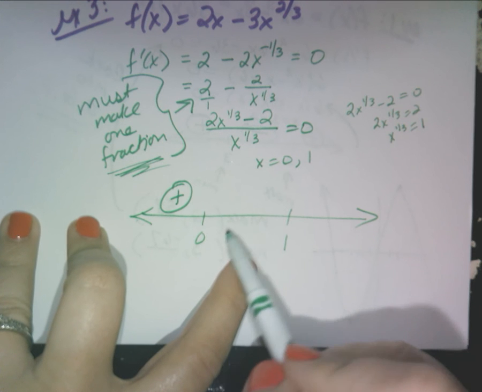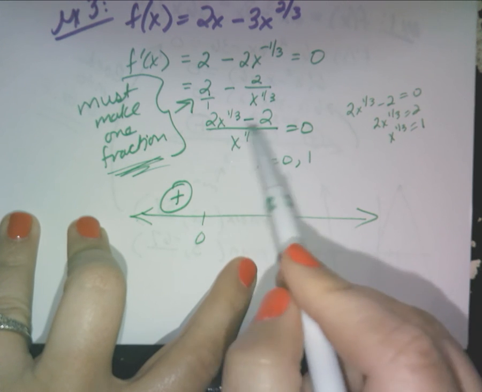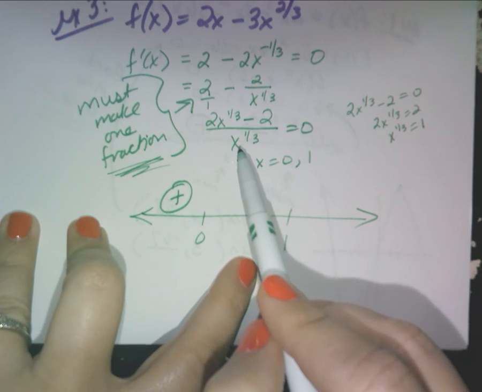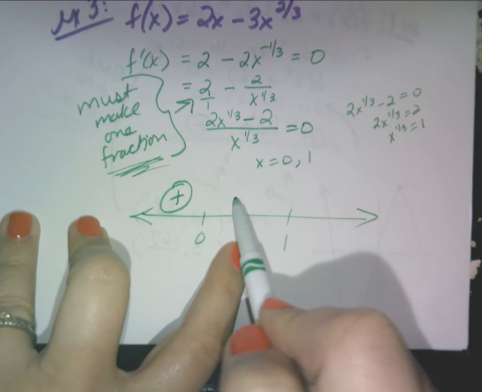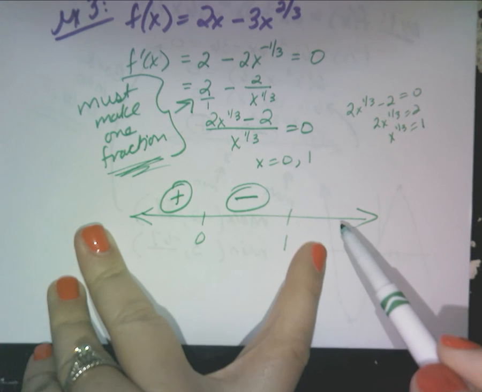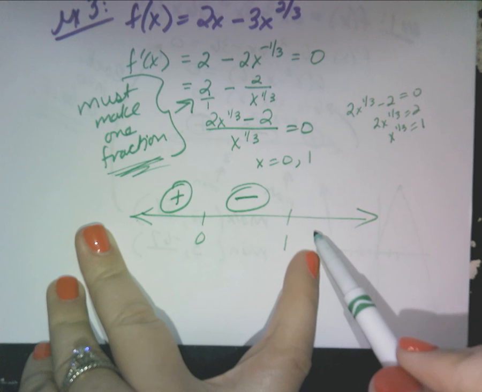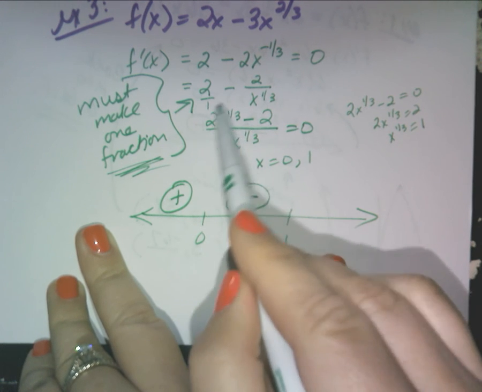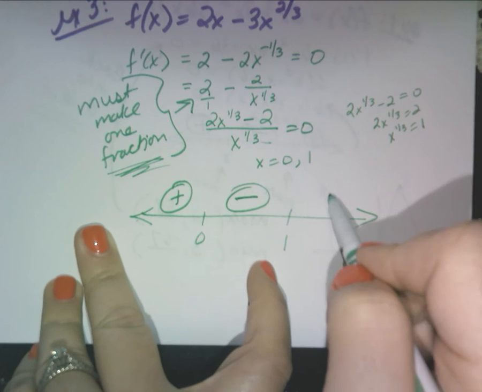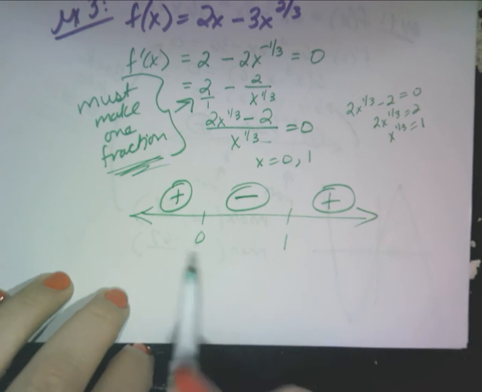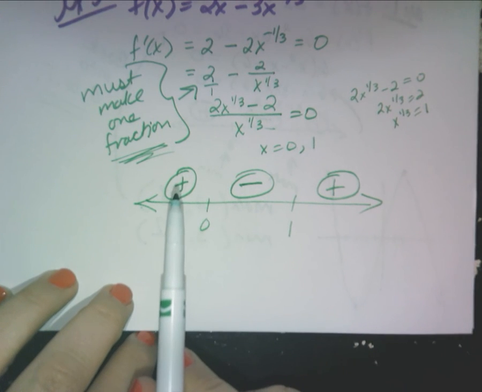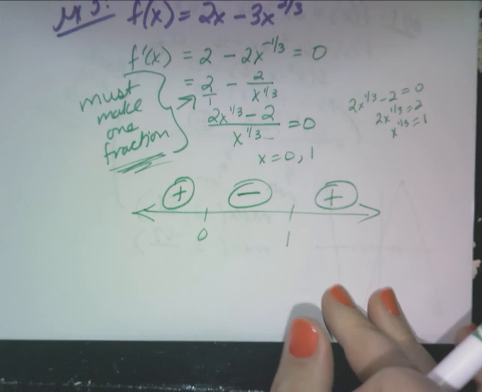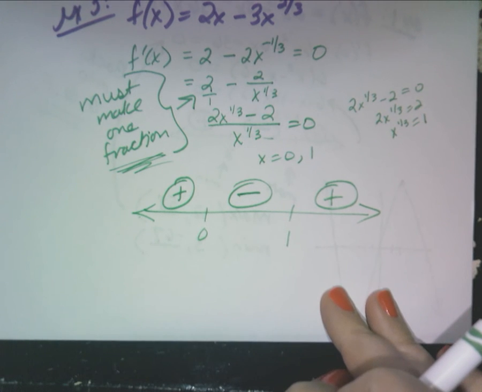Pick a half, which would be positive, no, negative, positive, negative. I'm sorry, I'm doing this all in my head to try to save time. Positive, right? Because I'm going to be larger here and positive here. Yes, positive.